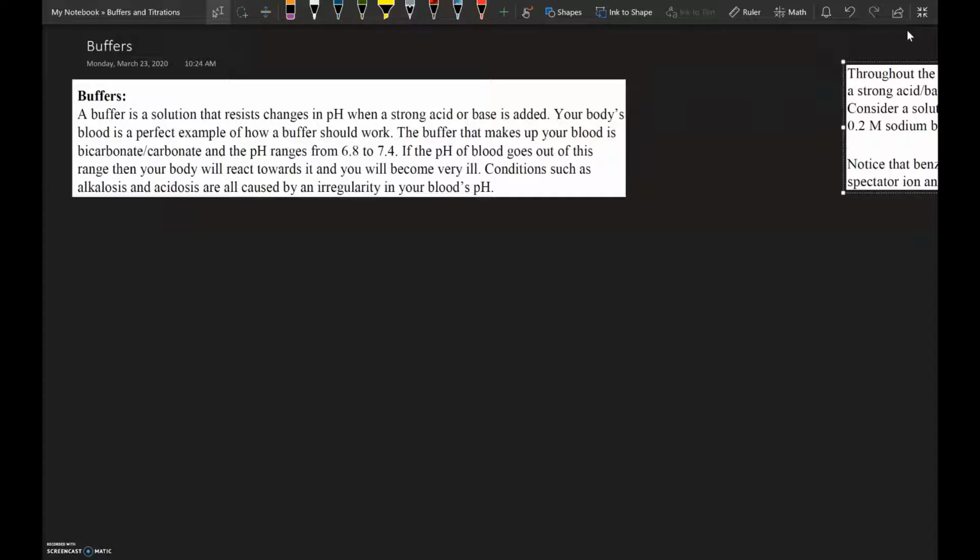But as long as you're in that buffer zone, and that buffer zone is always going to consist of the acid and the conjugate base, it's going to be considered a buffer. Anything else is something different.